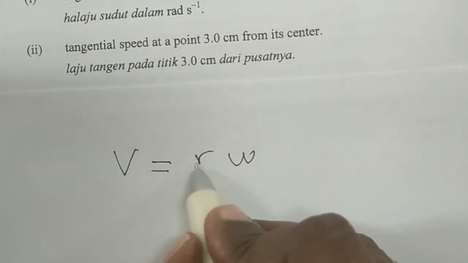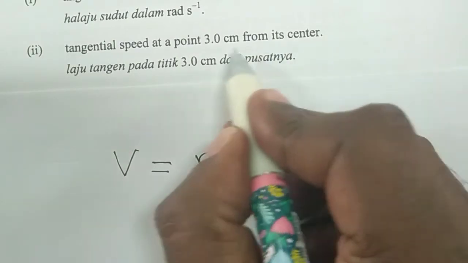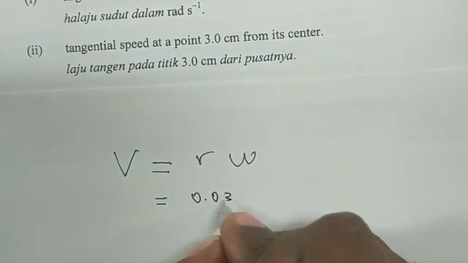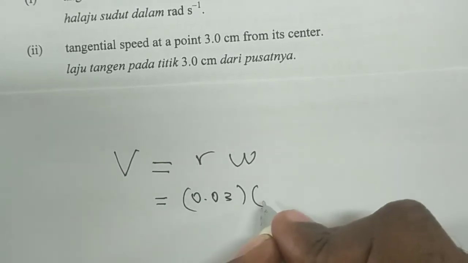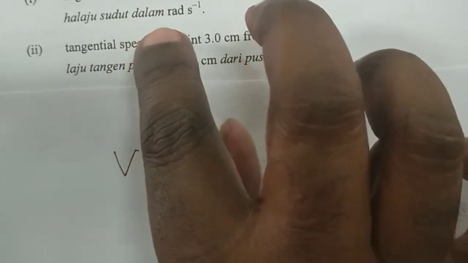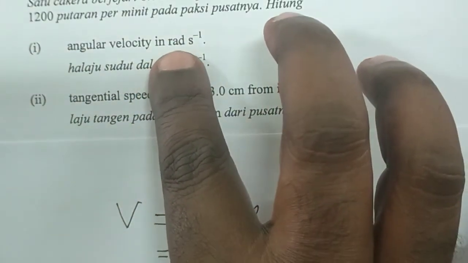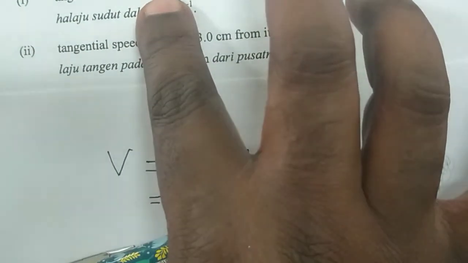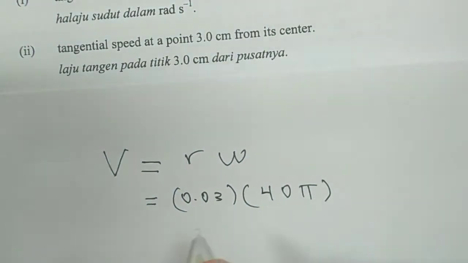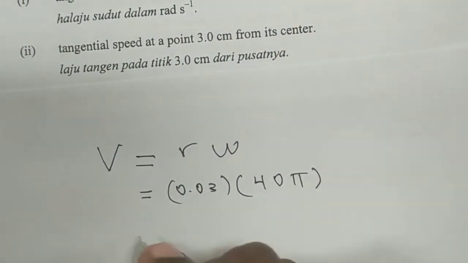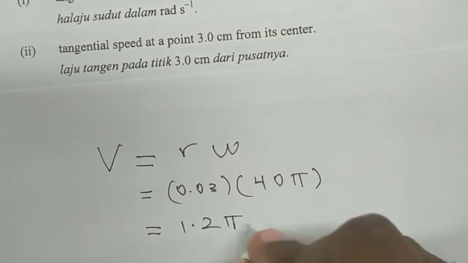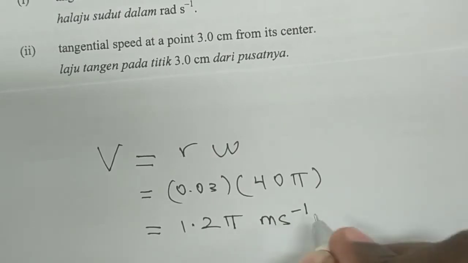So the radius from its center is 3 cm, so 0.03 meter times the angular velocity, which we got from part 1, 40 pi radians per second, which equals 1.2 pi meters per second.